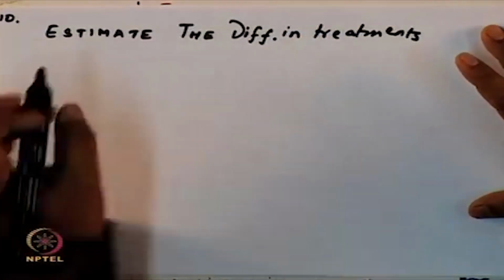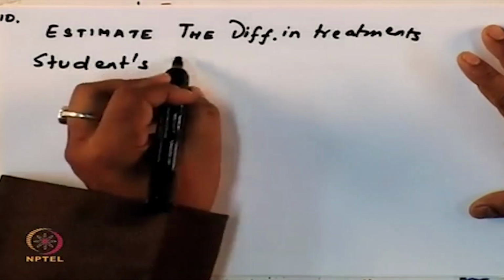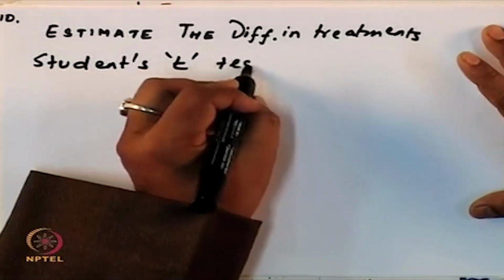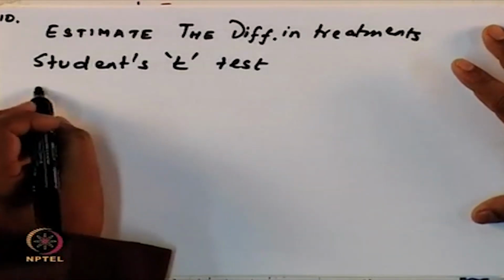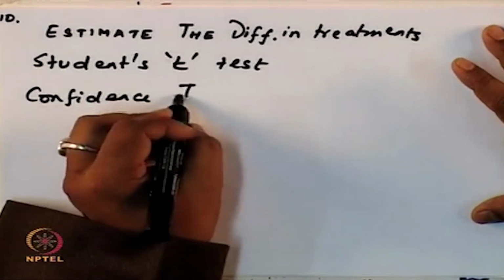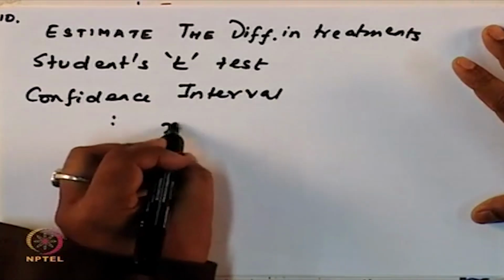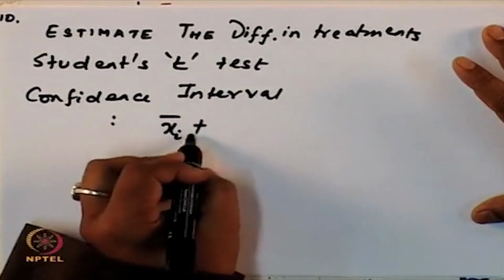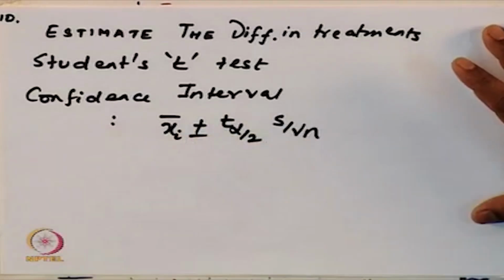Okay. So, for this you can use the student's t test, where your confidence interval is given by x bar plus minus t of alpha by 2 times s by root of n.